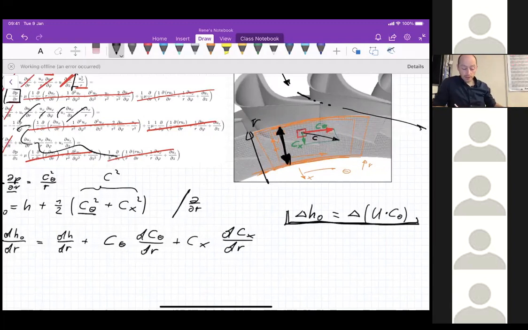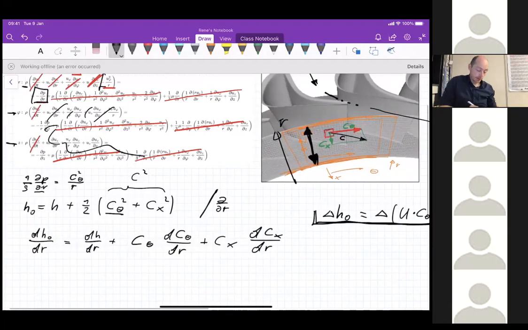So I like the total enthalpy. This one is okay. C theta and the derivative of C theta in r is also important. How do I need to change the tangential velocity? How does C theta need to change with respect to r? Or how does the axial velocity have to change with respect to r? These are things that I would like to keep.